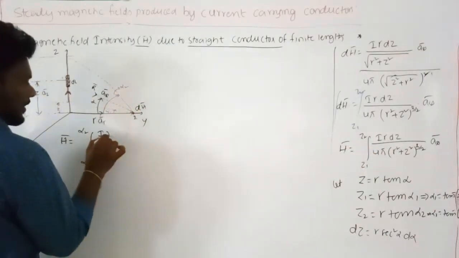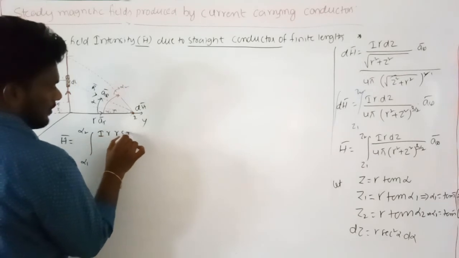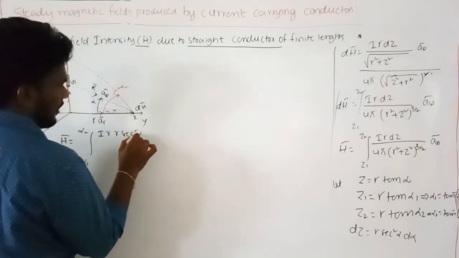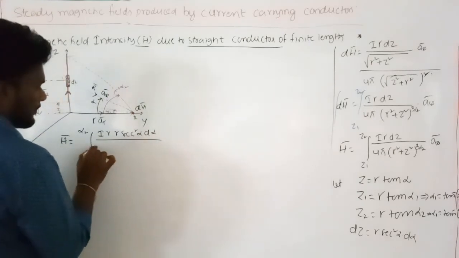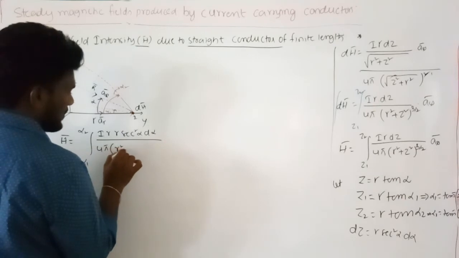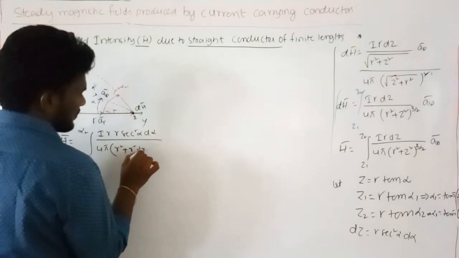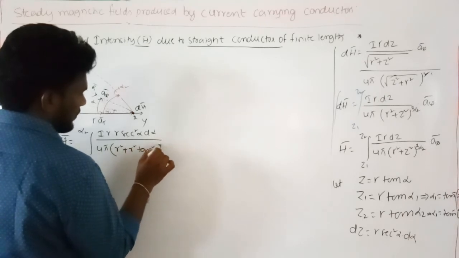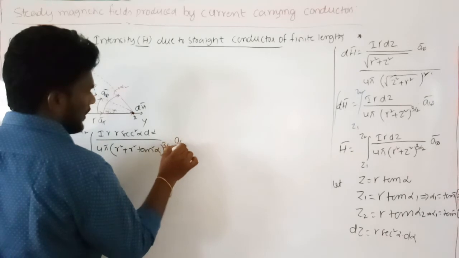I r dz means I r secant square alpha d alpha, by 4 pi times of r square plus z square. Z means r tan alpha, so r square tan square alpha, whole power 3 by 2, times a phi bar.